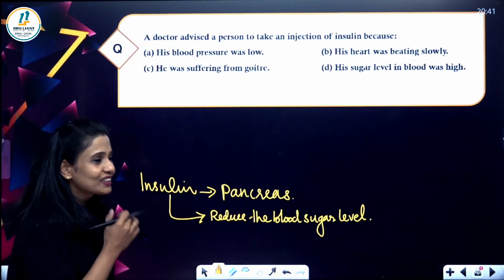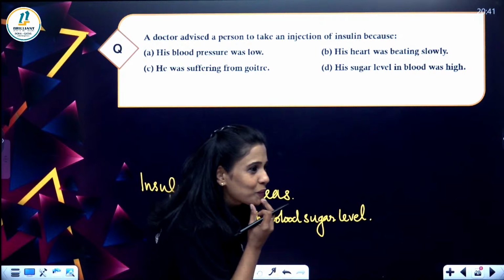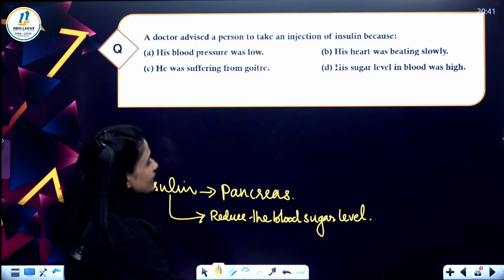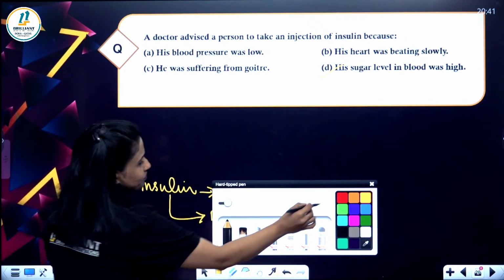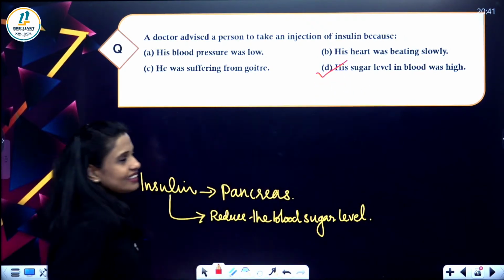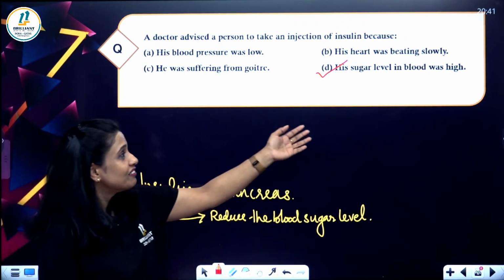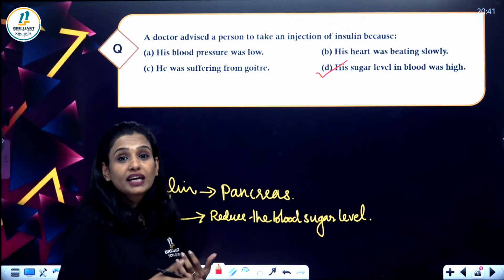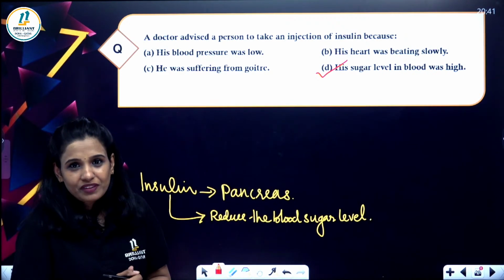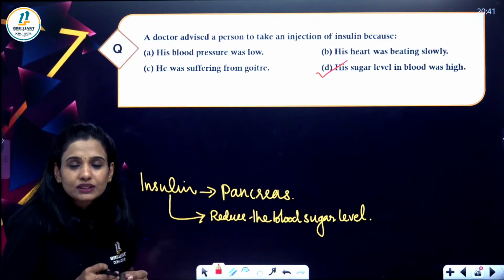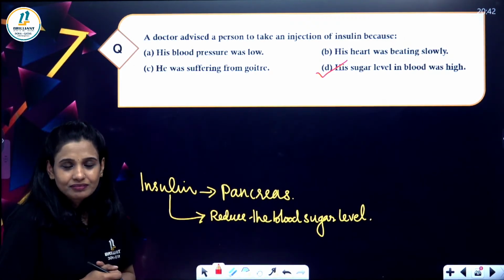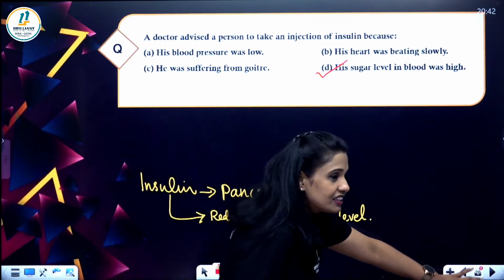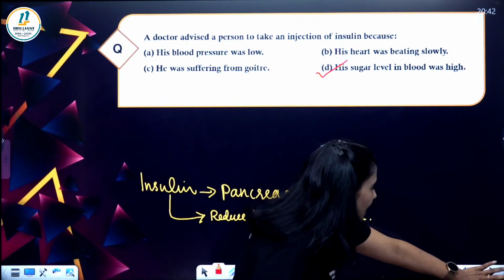So, which is the correct option? Option D. His sugar level in blood was high. That's why the doctor advised him to take the insulin injection. Insulin reduces the blood sugar level. Very good response. Okay, let's do the next question.